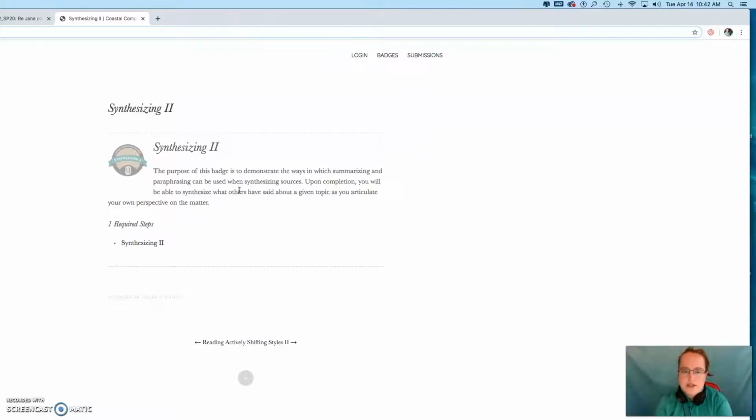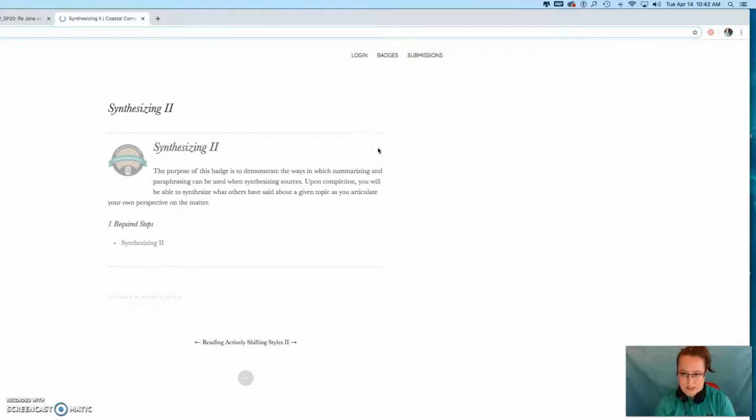So, these are the directions for our Synthesizing II badge. The purpose is to demonstrate the way in which summarizing and paraphrasing can be used when synthesizing sources. Upon completion, you will be able to synthesize what others have said about a given topic as you articulate your own perspective on the matter.